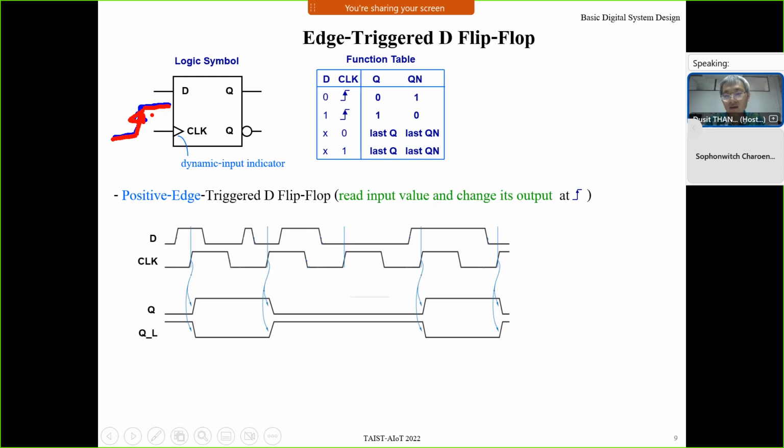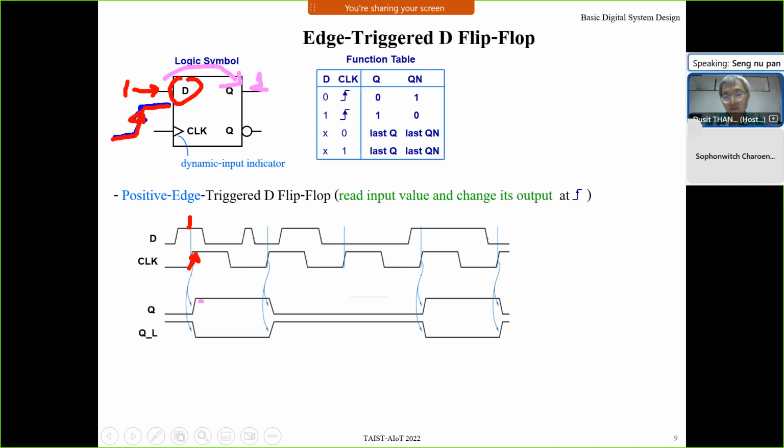For example, when clock ticks, the D flip-flop will read data from input D. If it sees the value is 1, for example, at this point of time, the value of 1 from D will be read and updated at Q.